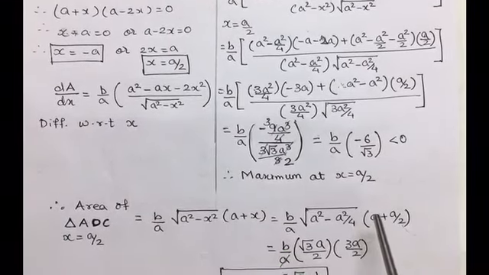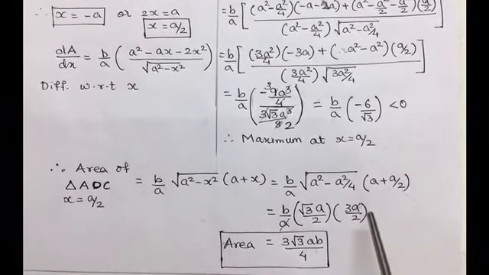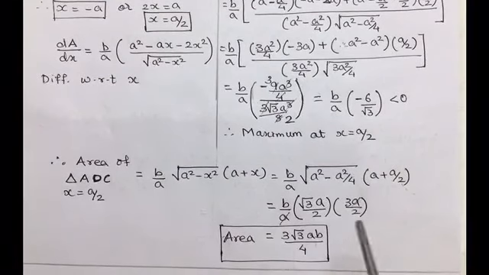Now it is asked to find out the area also. So, in the function of area, that is area of triangle ADC, that was calculated before, keeping the value of x equal to a by 2 and calculating it.